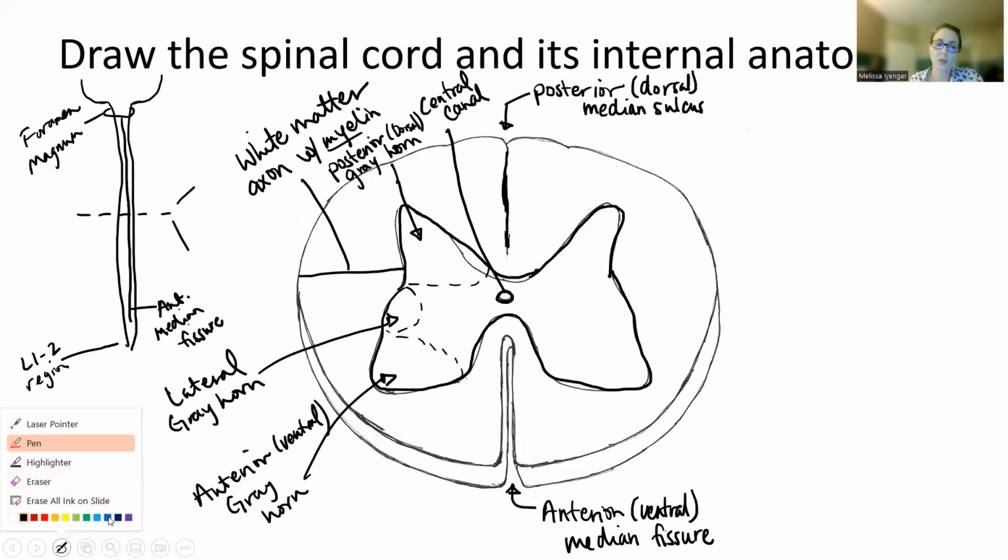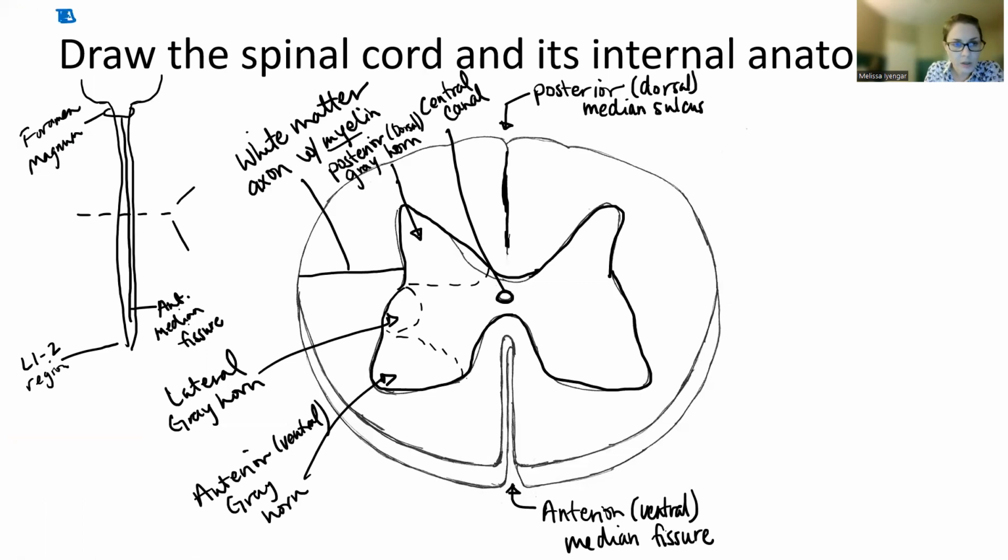So I'm going to make my sensory stuff blue, and I'm going to make myself a little key up here. This darker blue is going to be somatic sensory. And then my lighter blue is going to be visceral sensory. Hopefully I can remember exactly what your PowerPoint looked like in terms of the colors.